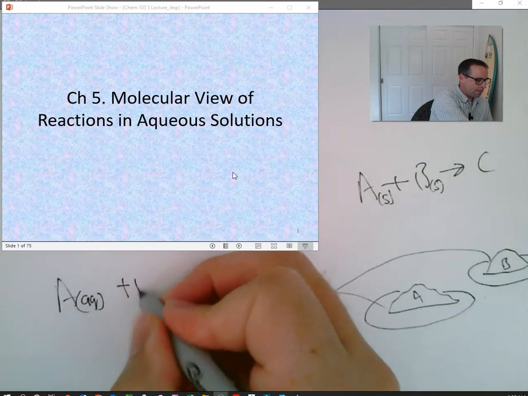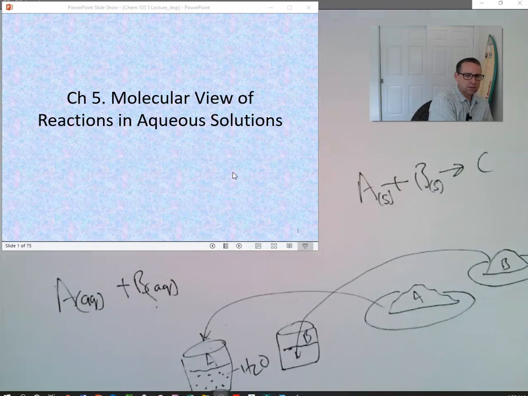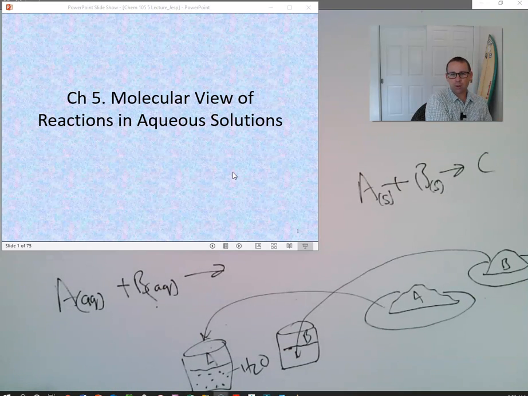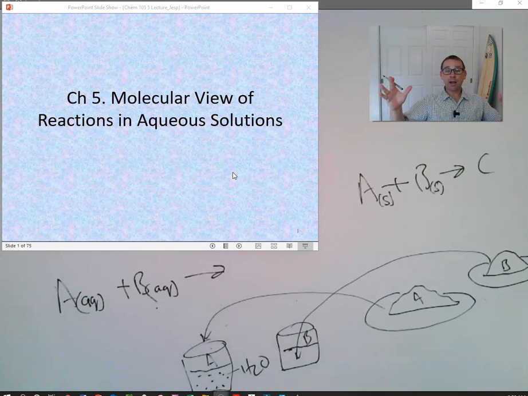So I do the same thing with my B. It's now B aqueous, and then I can combine those, and when I combine those two mixtures of the chemicals dissolved in water, A and B can roam around. They're free to move, and molecularly, meaning each at their own single molecule level, they can find each other. They can find each other and react. All right?